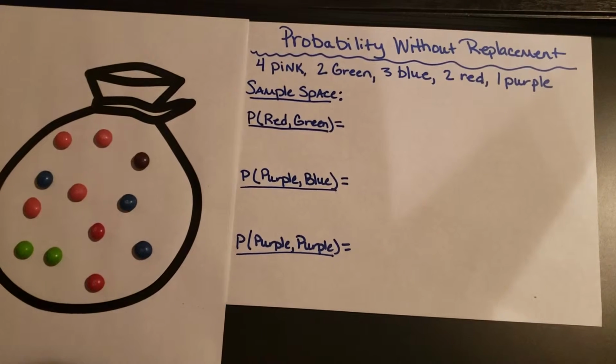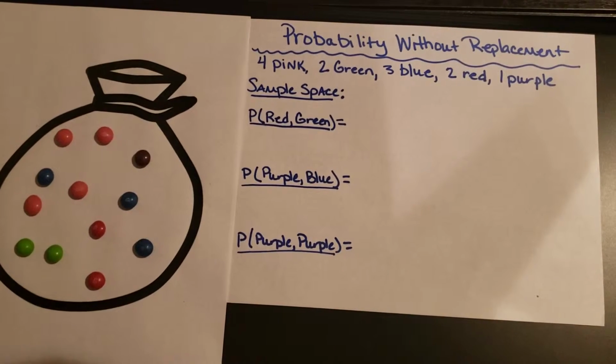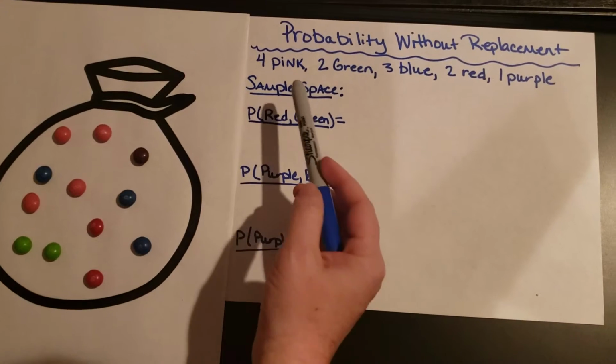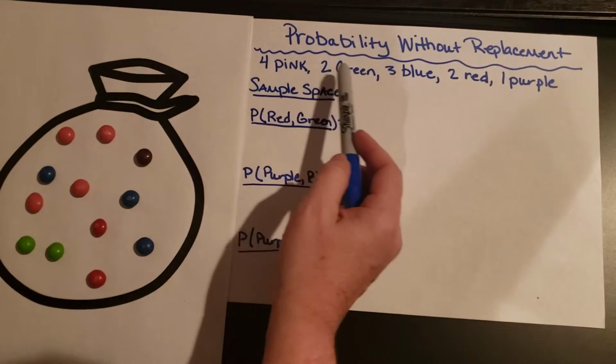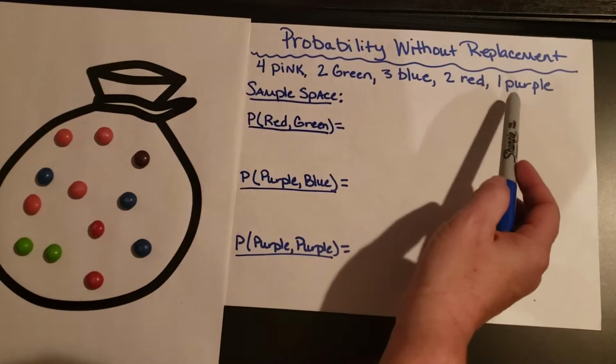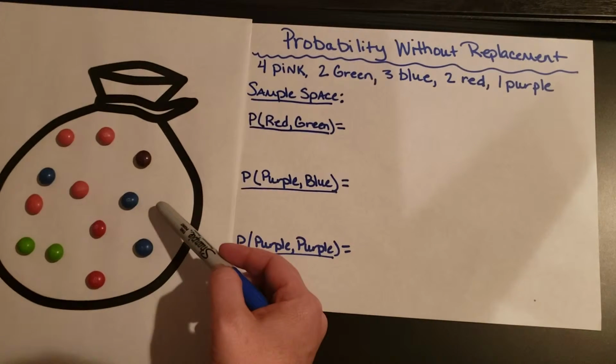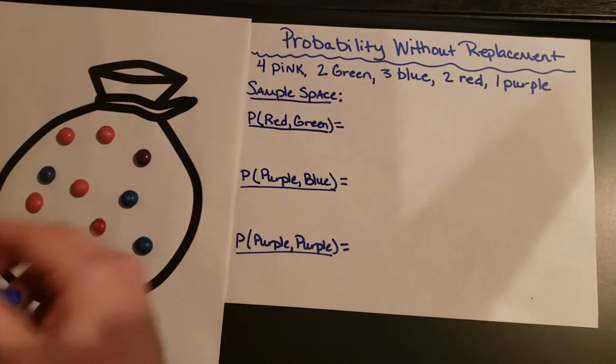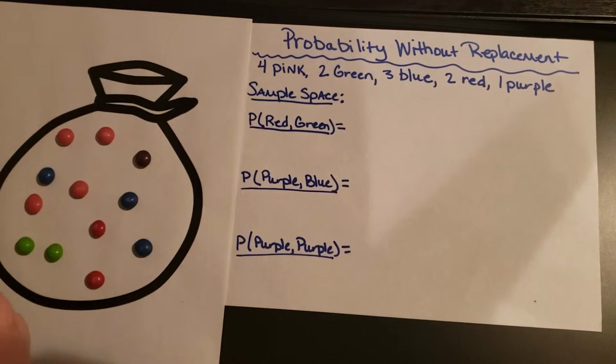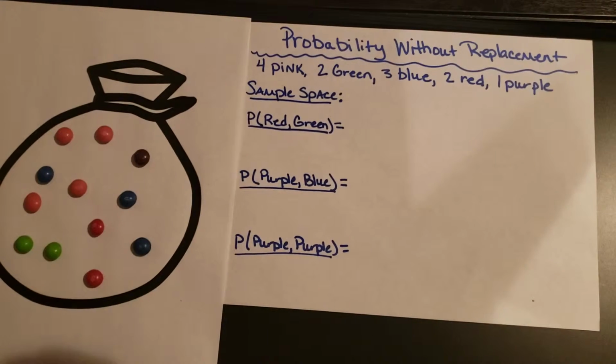So now, to start, we're going to find the sample space. As you can see, I have put 4 pink, 2 green, 3 blue, 2 red, and 1 purple. I've already listed that. That's what we have in the bag. The sample space is basically a set of all possible outcomes.